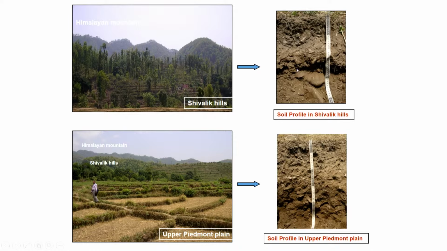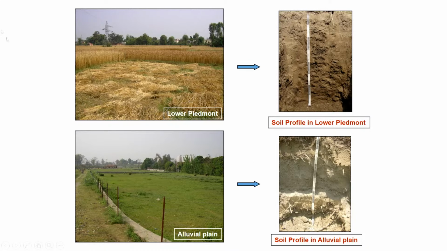In the hills you are getting stones, but when I come to the foothills, the stones are small size, coarse fragments, some stones are there. When I come down to the lower Piedmont, soil profiles are like that one where you are not getting stones. And in floodplains you get a different type of soil.